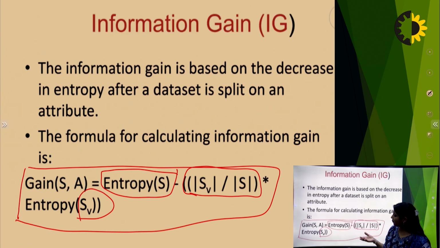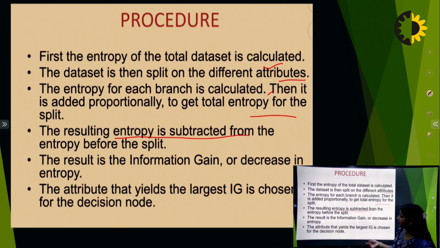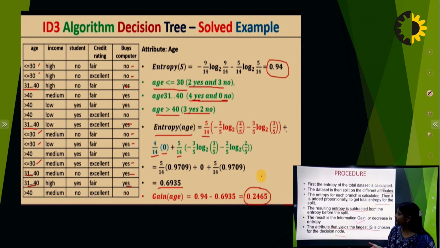So this is the formula where we subtract this sub entropy from the entire entropy, and the result is the information gain or decrease in entropy. When we subtract it, the entropy decreases and we get the information gain, and the attribute that yields the largest information gain is chosen as the decision node.